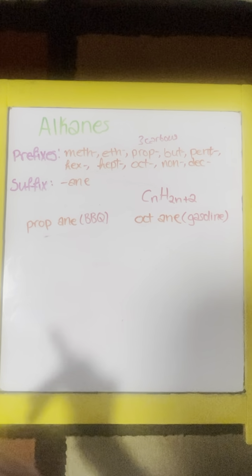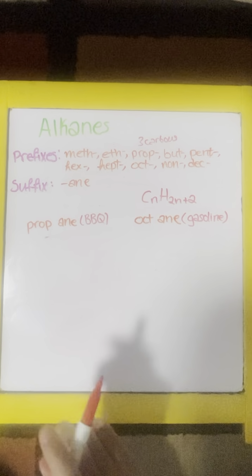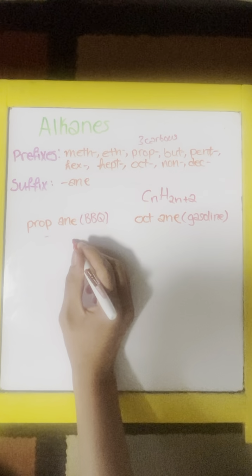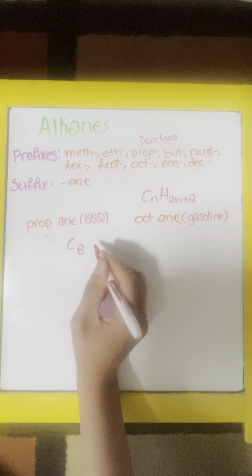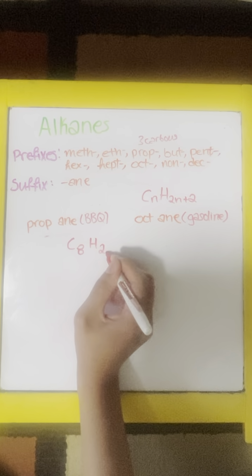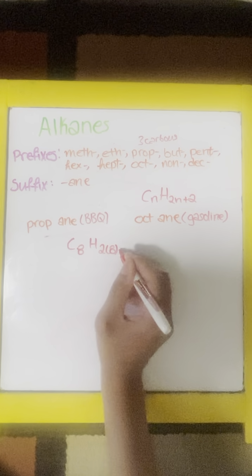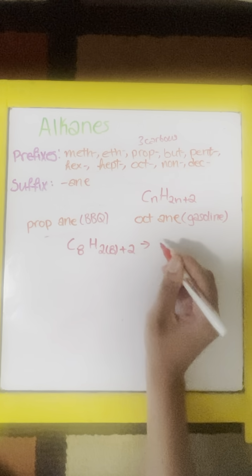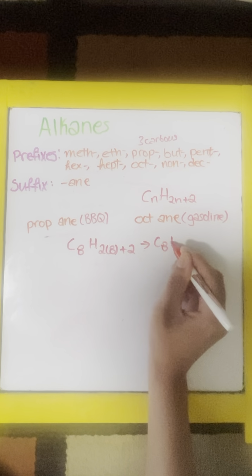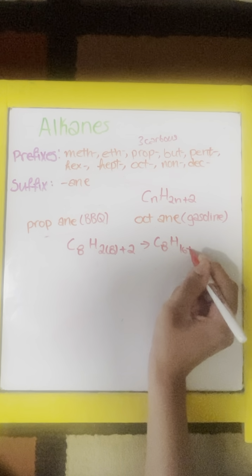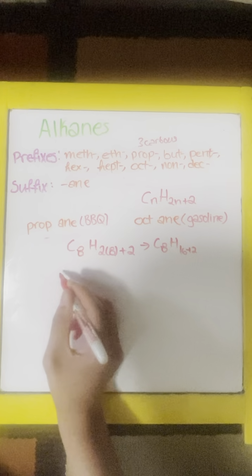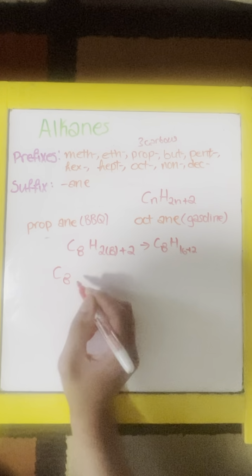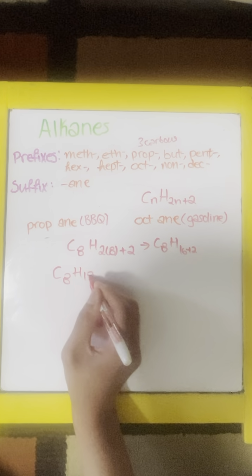So we'll have octane. Before this, we'll use this formula and we'll see what we get. So we have C8, H, 2 bracket 8 plus 2. I'll do it step by step. C8, H16 plus 2. So we end up with C8H18.